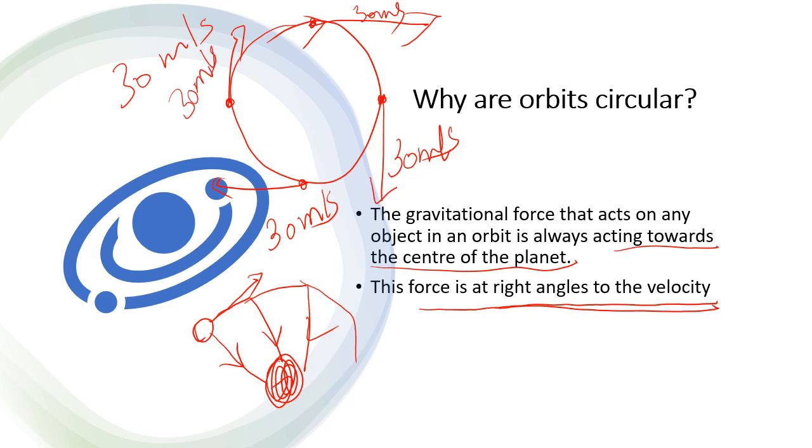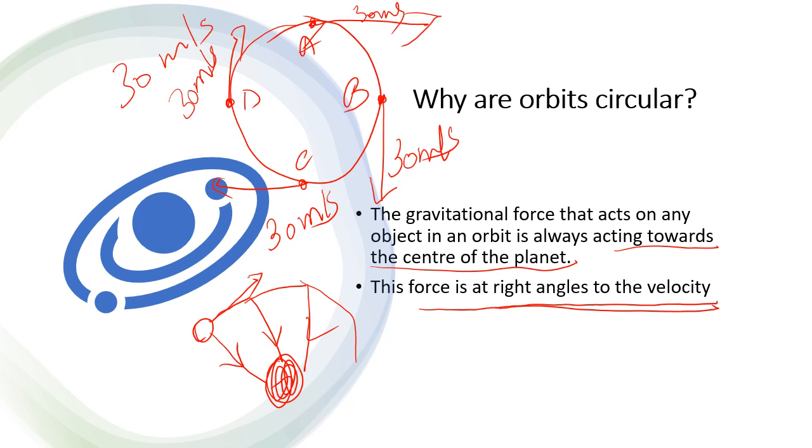Whenever an object is moving in a circle, the direction of the object at a particular position is given by a tangent to that position. That is the first thing. So if I'm talking about A, B, C, and D, at any position, the direction of the object at that position is given by a tangent.